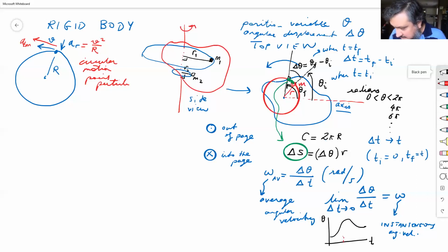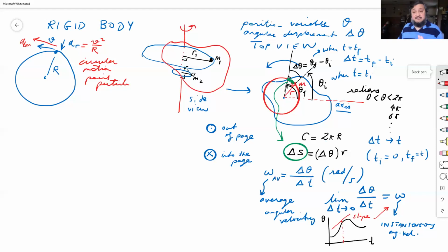And then you find the point on the curve, and then you draw a tangent to the curve. The slope of this curve is what omega is, the instantaneous angular velocity. Find the slope of this. That's going to give you omega. All right, so the unit will be radians per second.